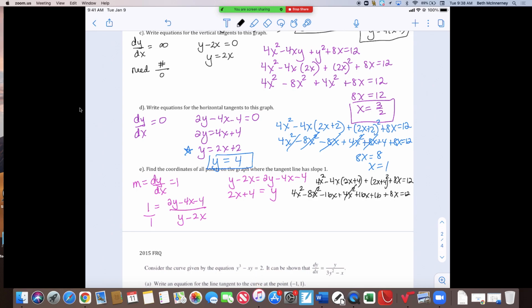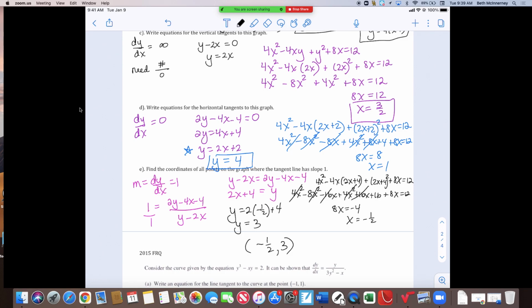All right, so the x squareds canceled, the 16x canceled, and I got 8x equals negative 4, so x is negative 1/2. So are you getting y equals 3? So the point was (negative 1/2, 3).